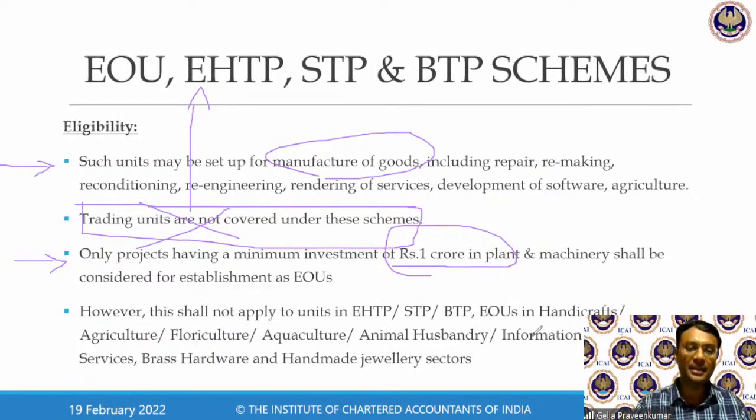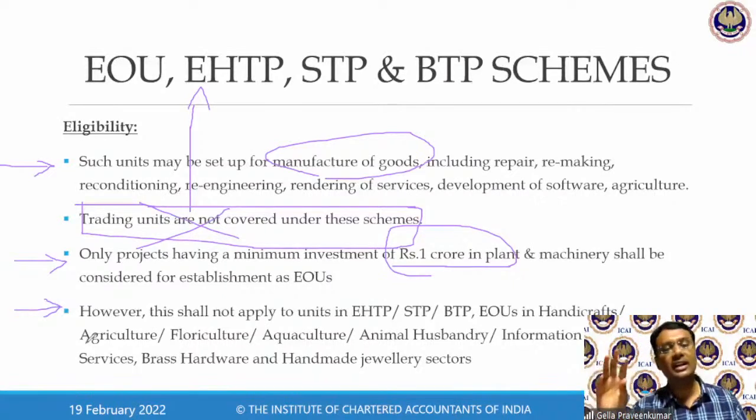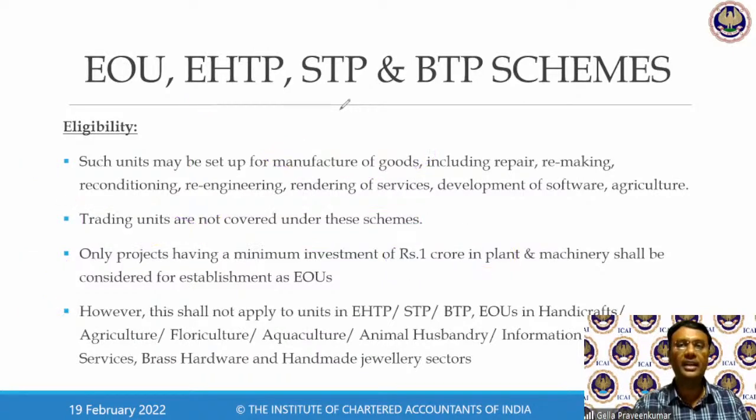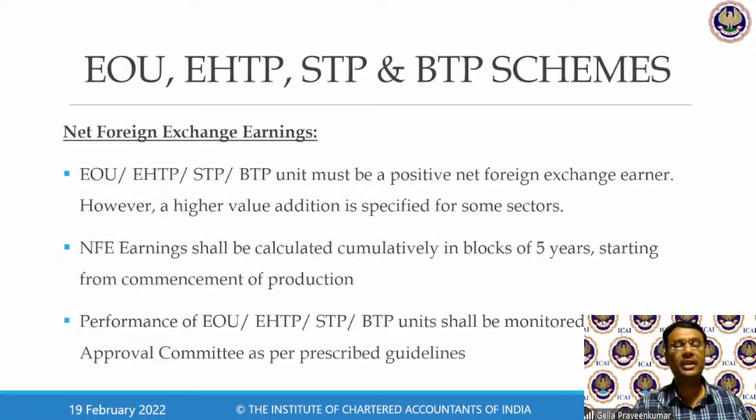Later, with special recommendation, even smaller ancillary units, there is something called DA, decision authorities. These decision-making authorities have permitted even small ancillary handicraft units to get into STP or EHTP. Initially, 1 crore was the required investment. Later, they said you can get in with a small investment, provided a development authority gives approval.